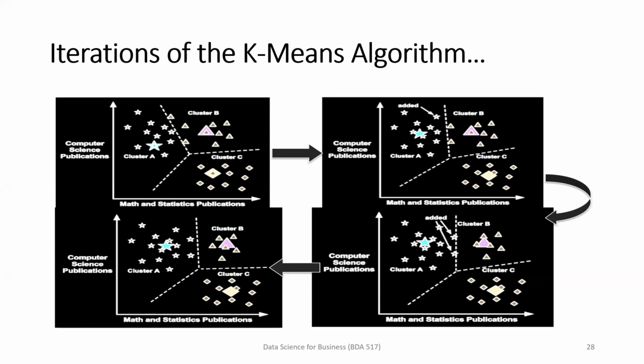Though these 3 points belong to cluster B, they are nearer these other points. So it will iterate again, correct itself, and move closer to where these points are. It does that until it reaches a steady stage where even if it iterates again, nothing new is added to it. Then those become your clusters.